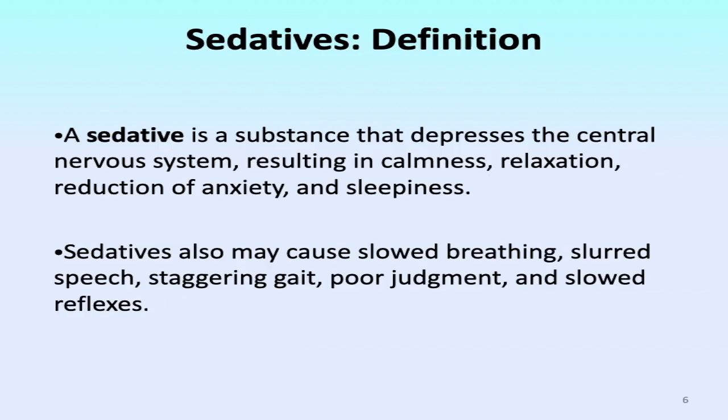The ideal sedative drug in the ICU would be inexpensive, have minimal hemodynamic effects and minimal respiratory depression, have no drug interactions, produce no active metabolites, and have a short context-sensitive half-life. Also, elimination would be independent of organ function.